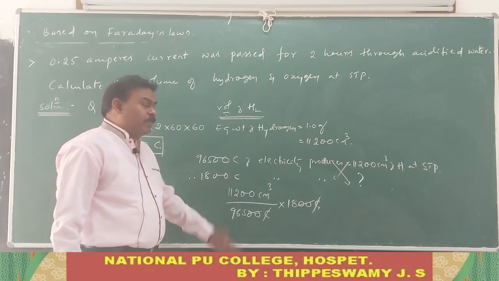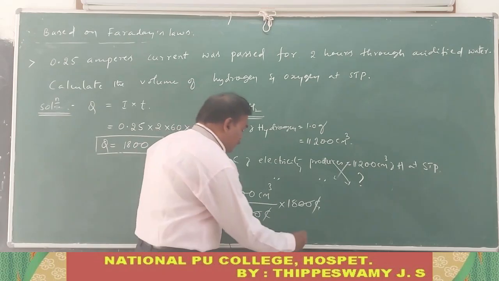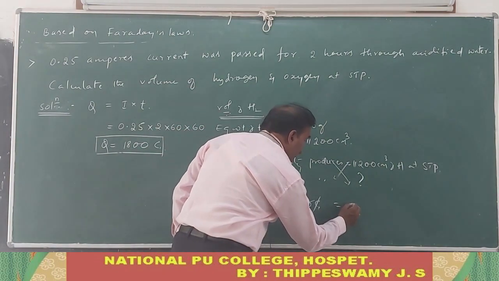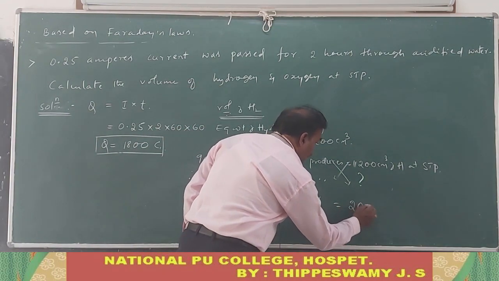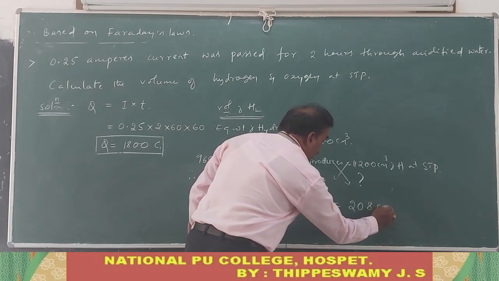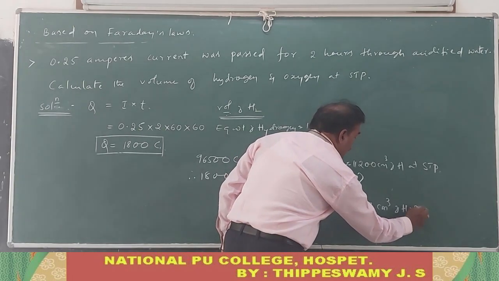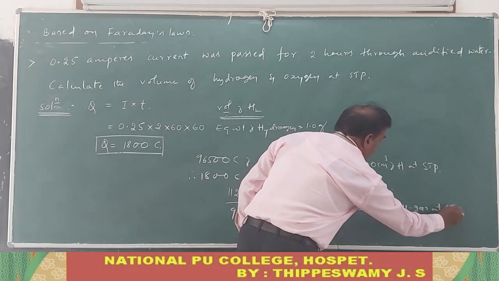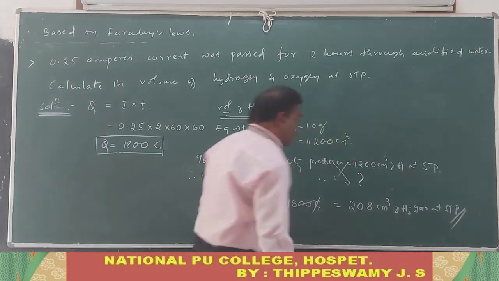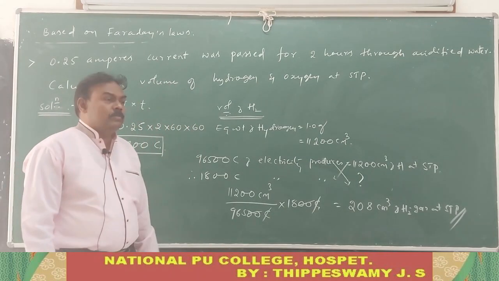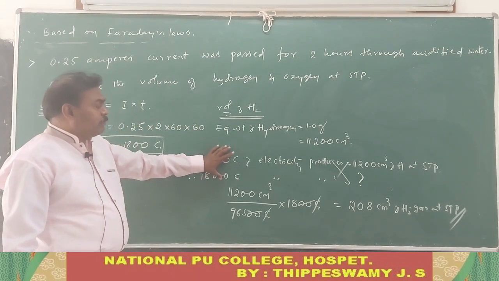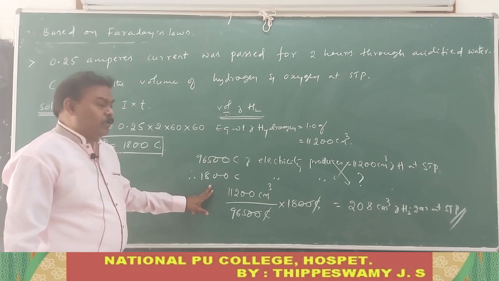On simplification, we get 208 cm cube of hydrogen gas at STP. So this is the volume of hydrogen produced at STP by passing 1800 coulombs.